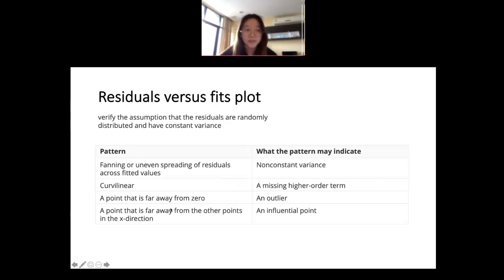A point that is very far away from zero is called an outlier, and if the point is far away from other points in the x direction, it is called an influential point.